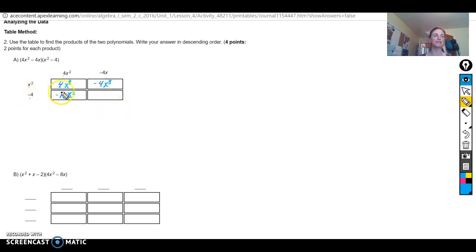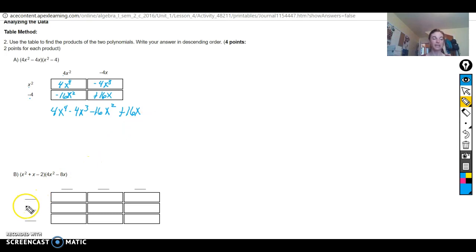And then negative 4 times negative 4x gives me a positive 16x. So then if I write these in descending order of exponents, I get 4x to the fourth minus 4x cubed minus 16x squared and plus 16x. So that is quite handy, and I'm feeling really good about that.